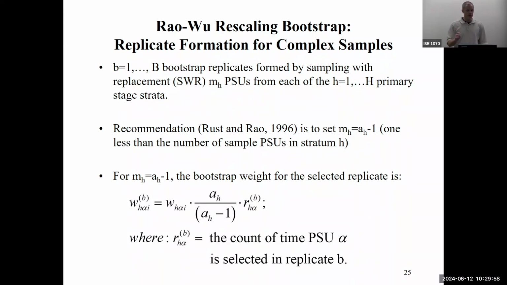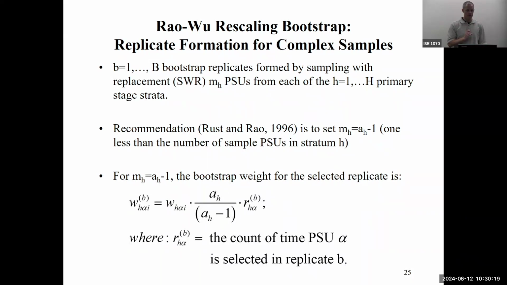And then you multiply by the number of times that PSU alpha was selected in that particular replicate, okay? So this is a complex combination of all these different features, but that's where the replicate weight for a given survey respondent in a given bootstrap replicate would come from.